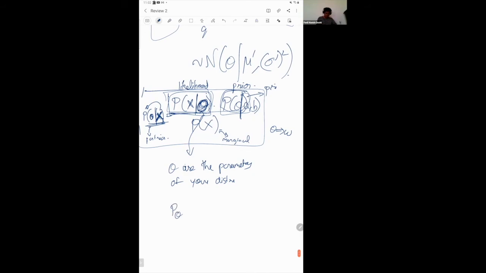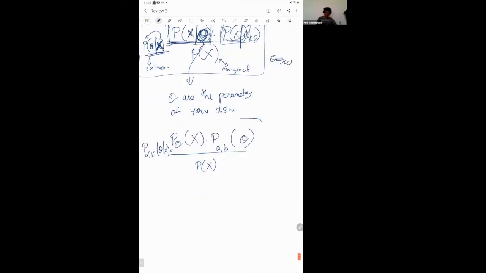So what I would do is, then this would be probability of a dash comma b dash of theta given x. So I hope this makes it more clear.